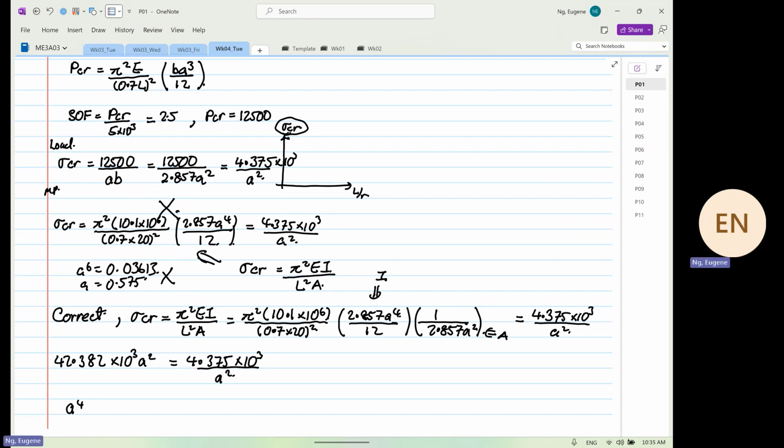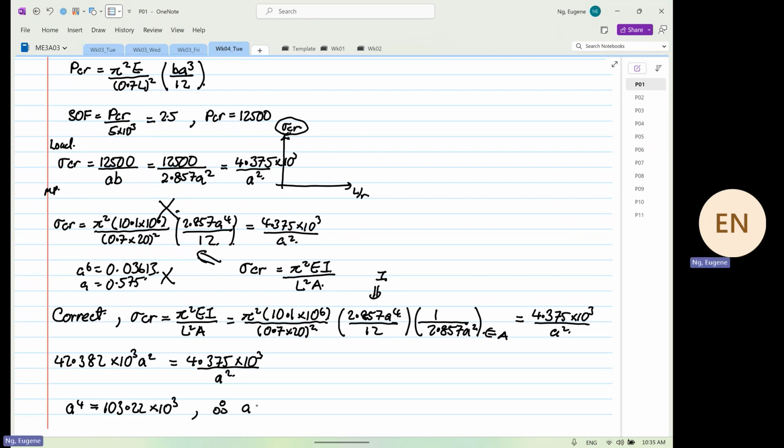So we have A to the power 4, which will be equal to 4.375 times 10 to the power 3 divided by 42.382 times 10 to the power 3. You get 103.22 times 10 to the power 3.